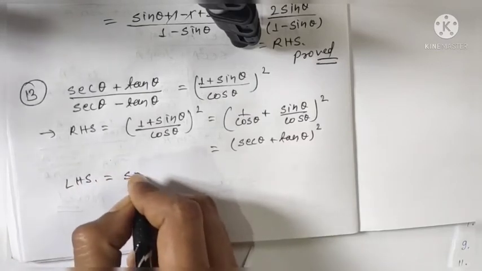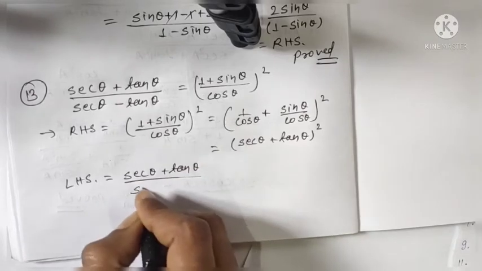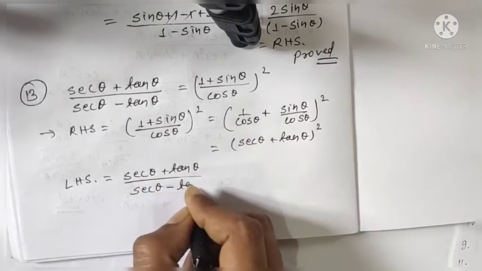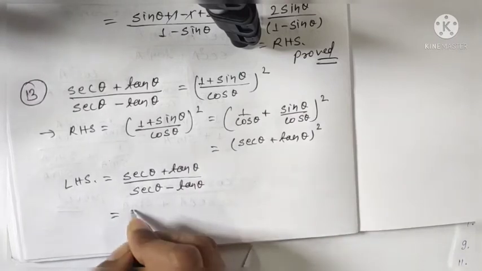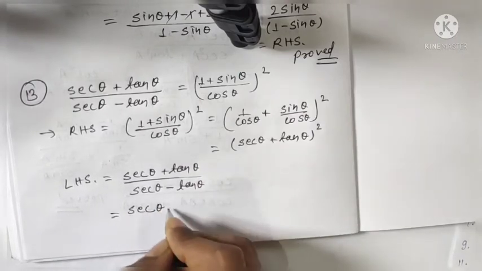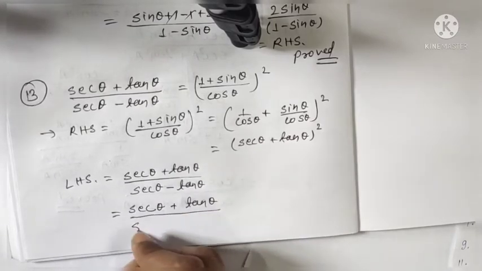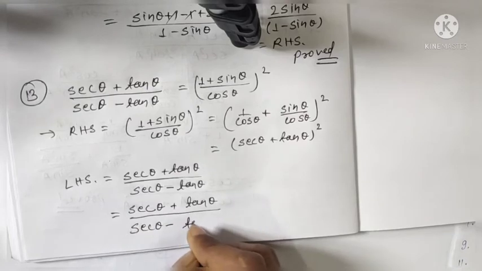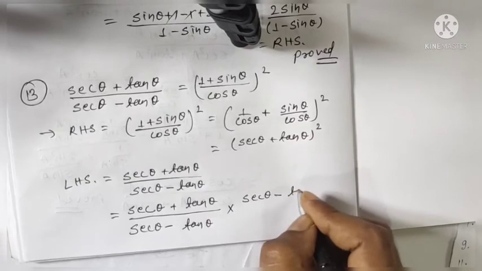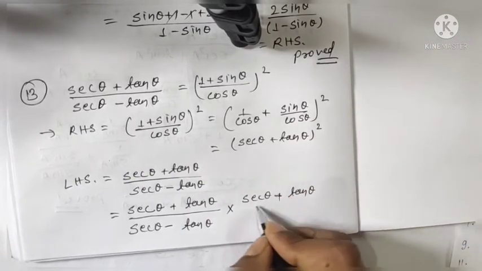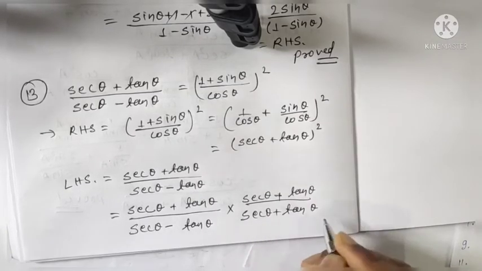The left hand side is (sec theta plus tan theta) by (sec theta minus tan theta). So we are going to rationalize it. It will be (sec theta plus tan theta) by (sec theta minus tan theta) into (sec theta plus tan theta) by (sec theta plus tan theta).